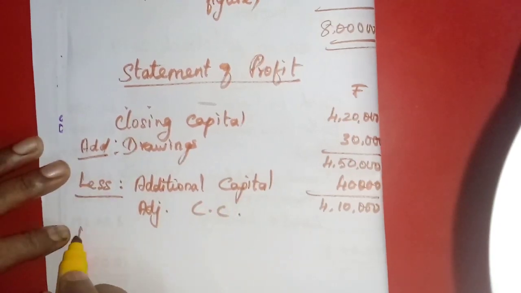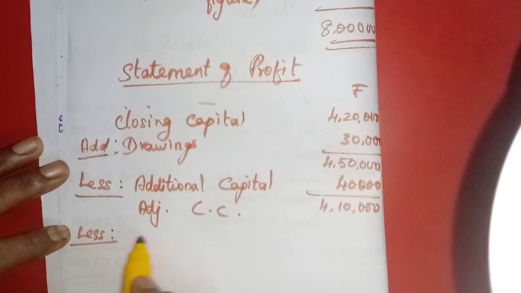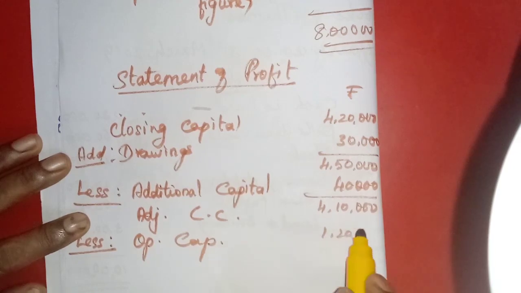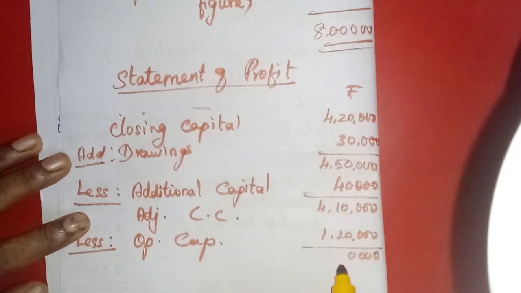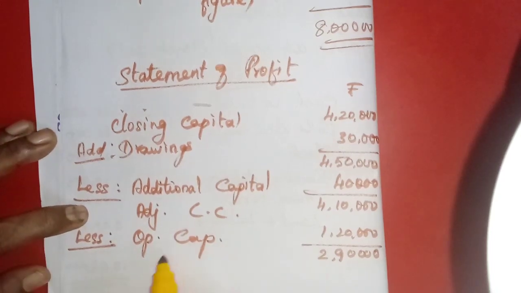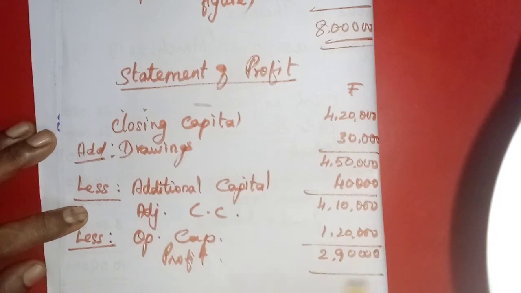Okay, then less opening capital 1,20,000. We will get profit. 11 minus 2, 9. 3 minus 1, 2. Okay, so this is called profit made during the year, or simply we can write profit.